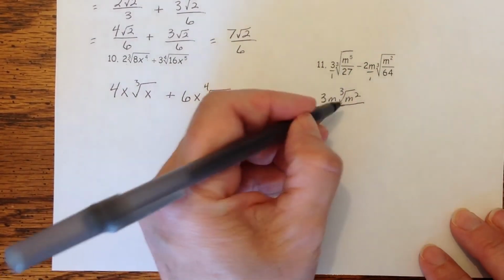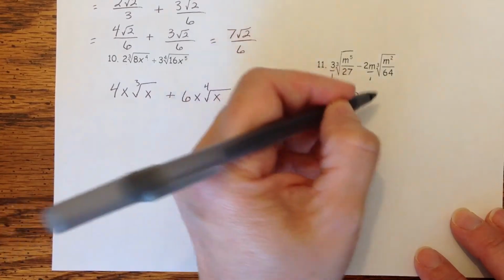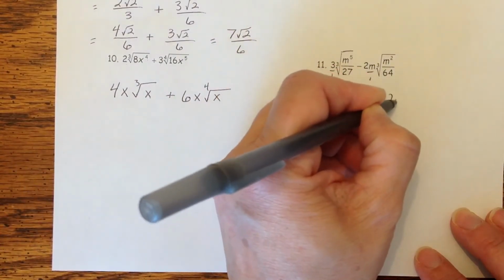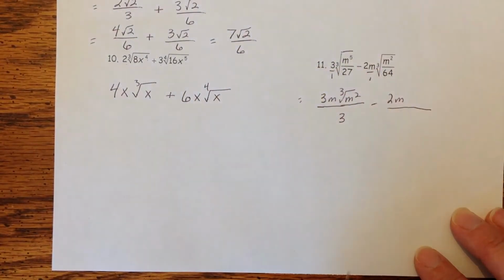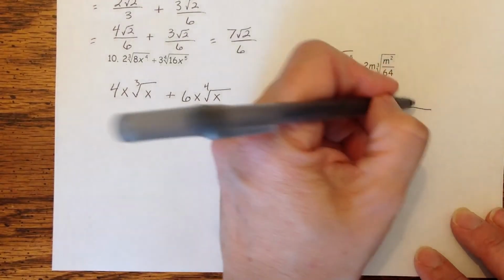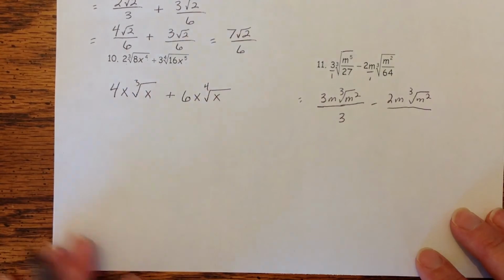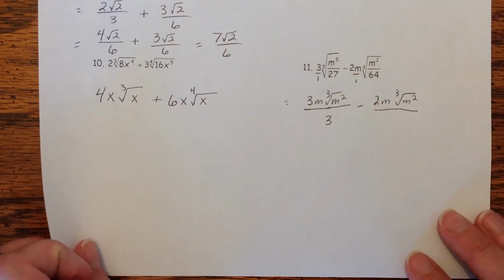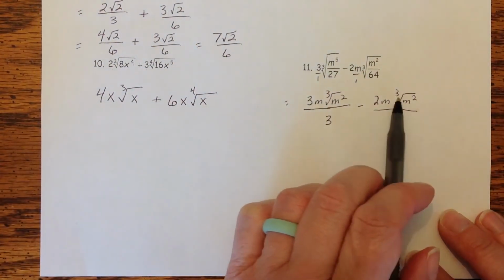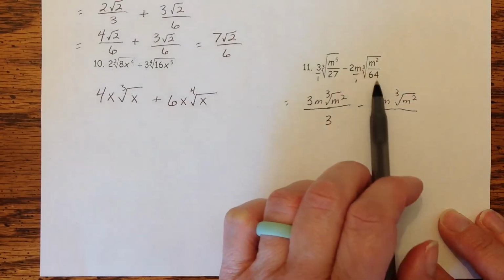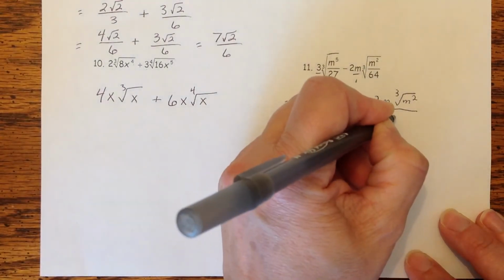The cube root of 27 is 3 minus, let's do the other one, 2m. Cube root of m squared I can't do anything with because the inside power is smaller than the outside index. Cube root of 64 is 4.